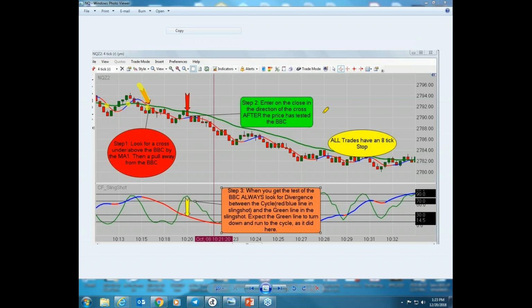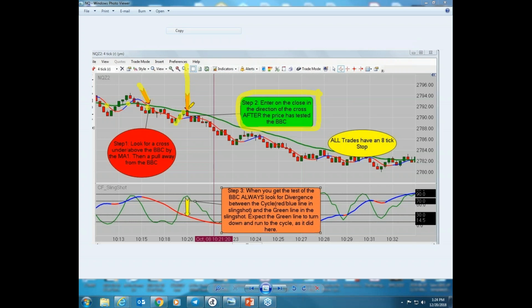Step number 2. What's normal after the cross is that at some point the market is going to gravitate toward this green line, the BBC. That's what we expect to happen. So we're looking for the market to flag or gravitate or trade toward the BBC, the green line, and then close in the direction of the trend.